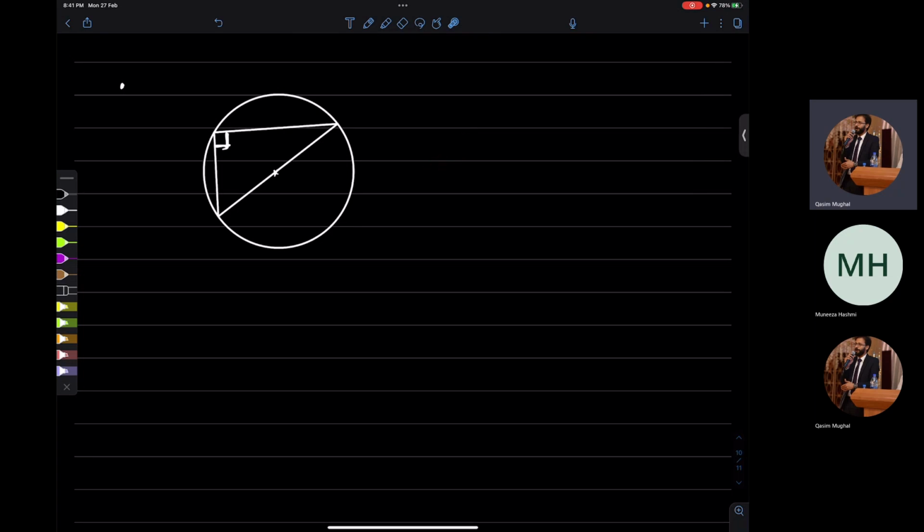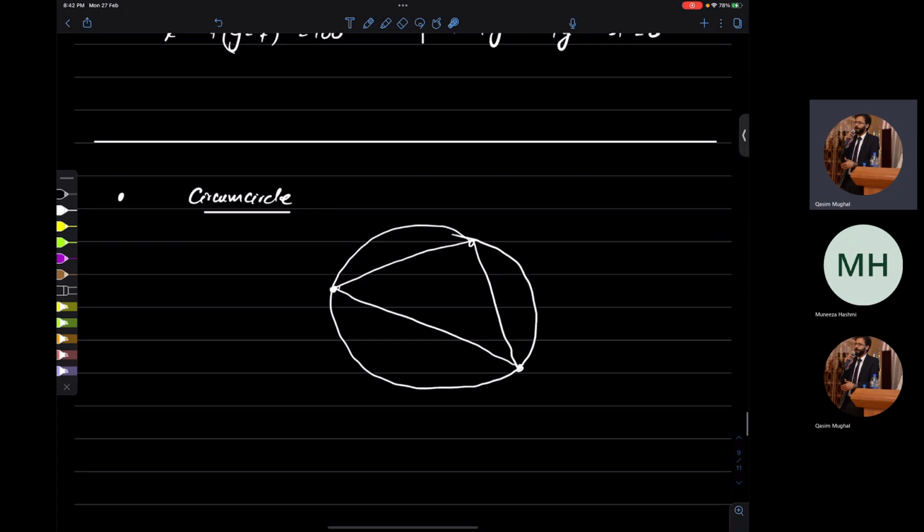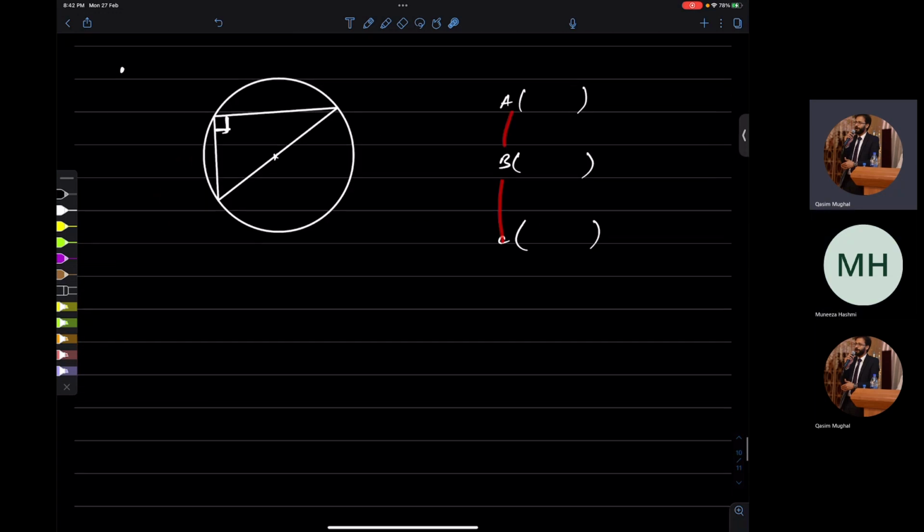Now, let's just say I've got 3 points, A, B, and C. If I can obtain a triangle from these 3 points, then you should be able to draw a perfect circle through these 3 points by using a property of circumcircle.